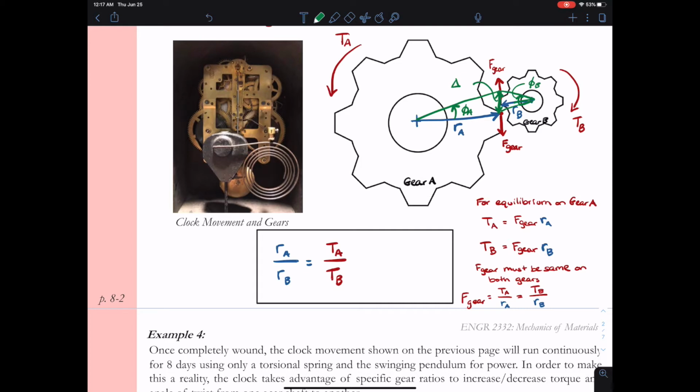Gear B is going to rotate much further because it has a smaller radius. And so we can prove that by coming up with a way to calculate that deflection.